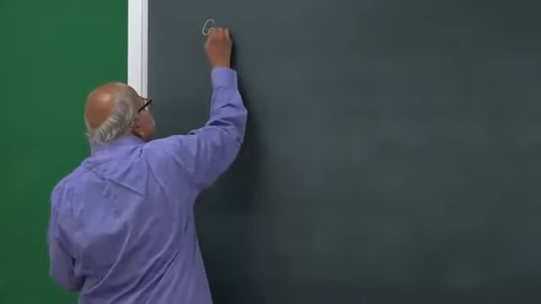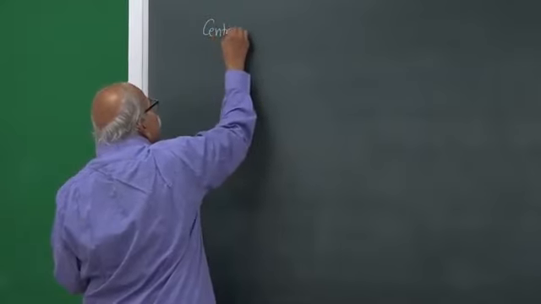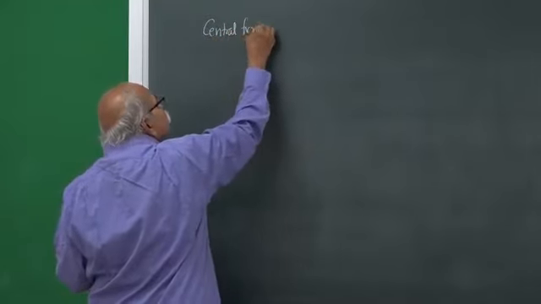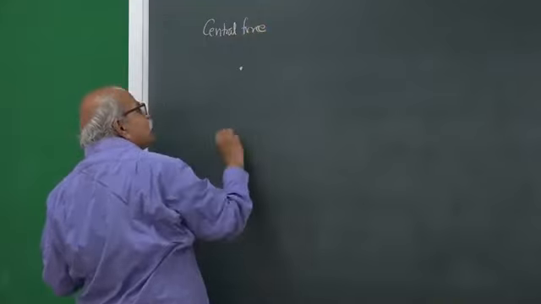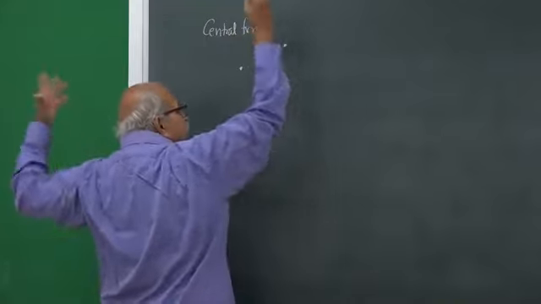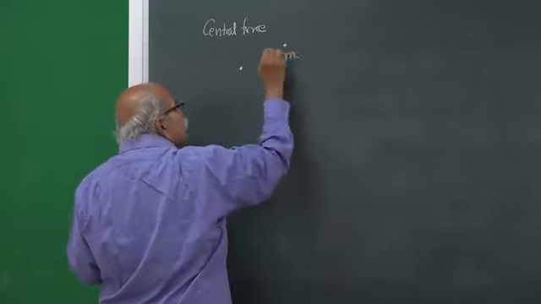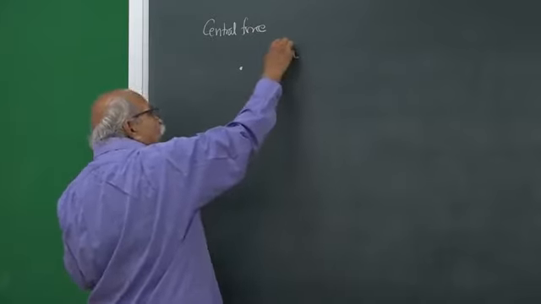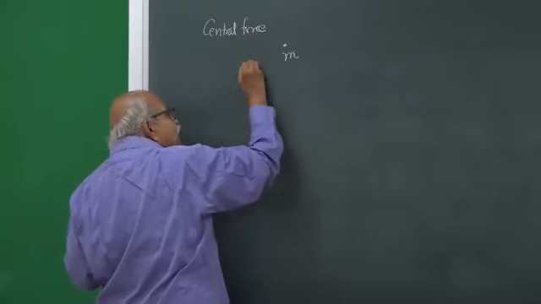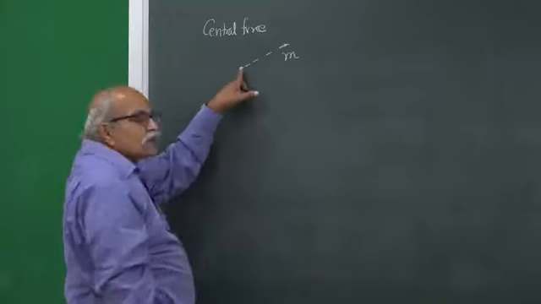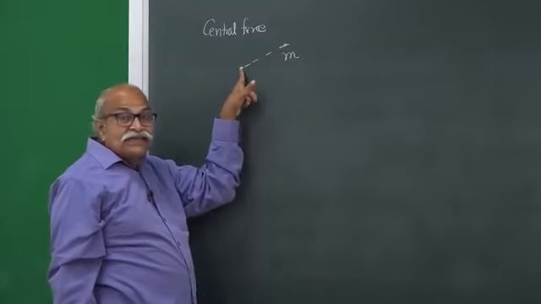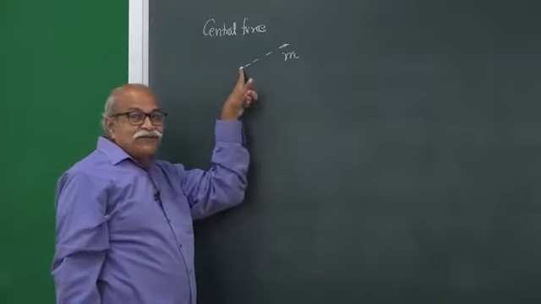So, we call it central force because you have a force center. So, you have a point and the particle can be anywhere, and then the force on the particle is always along the line joining the particle from this fixed point, that we call force center or center of force.